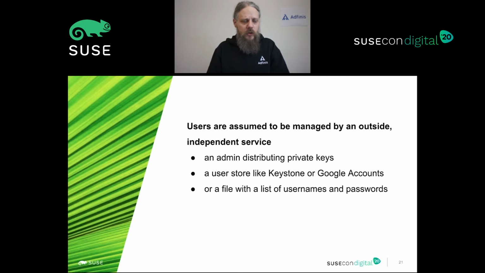In most cases, well, in all cases that we actually use in production, we assume that users are managed by an outside independent service. This could either be an admin distributing private keys that are tailored to your cluster. You could hook up your cluster with a user store like Keystone or Google accounts, or you could just manage a file with a list of usernames and passwords.